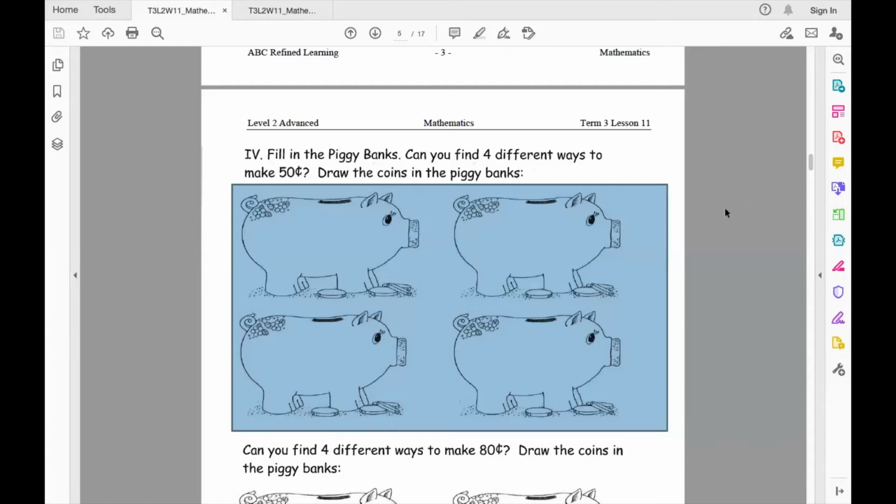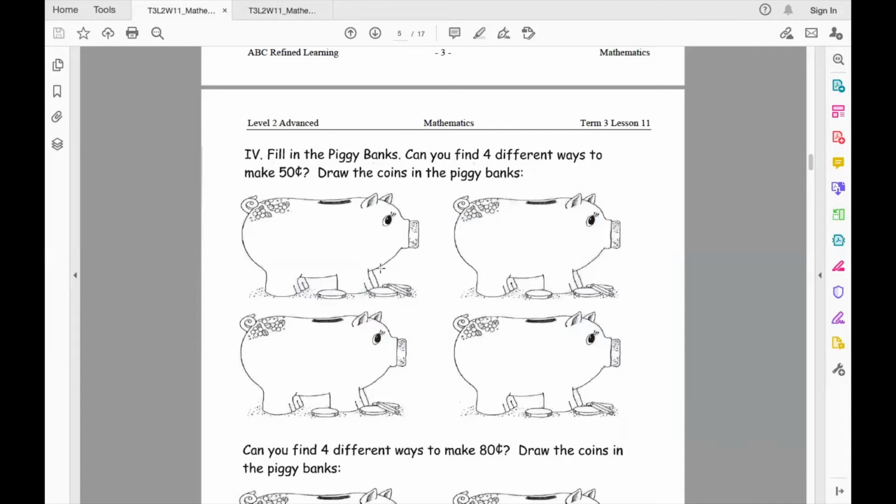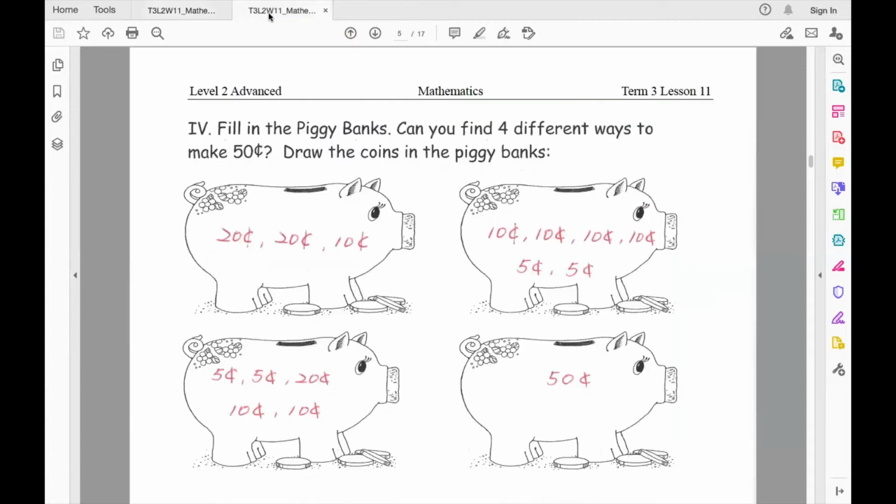Right, let's go through some examples of how to do the first activity for exercise 4. Examples could be 20 cents plus 20 cents plus 10 cents, that adds up to 50 cents. That's one way of doing it. Another way is 10 cents plus 10 cents plus 10 cents plus 10 cents, that's 40 cents, plus 2 more 5 cents, which would be 50 cents.